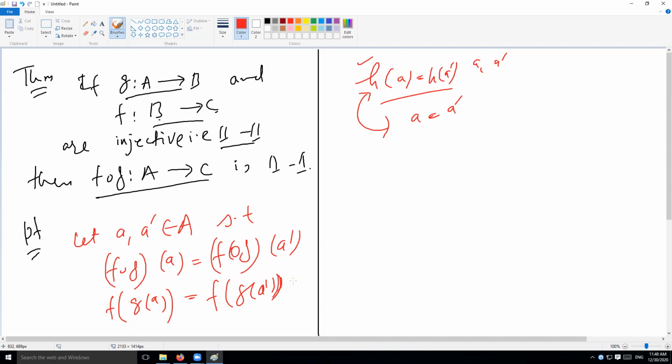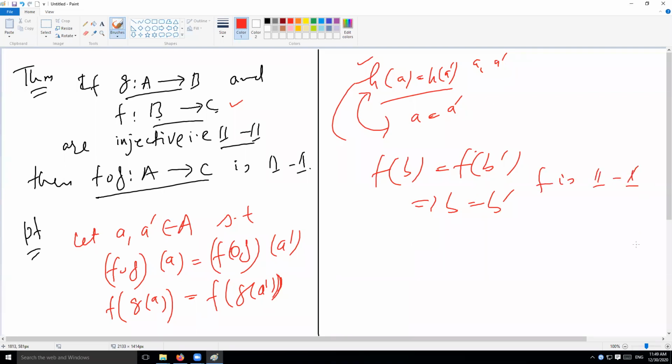Yes sir. Now, do I know something about F? I know F is 1-1. So F already has this property. In other words, if F is operating onto some B and F is operating onto another B prime, then B must be equal to B prime, because F is 1-1, right? It will be like this.